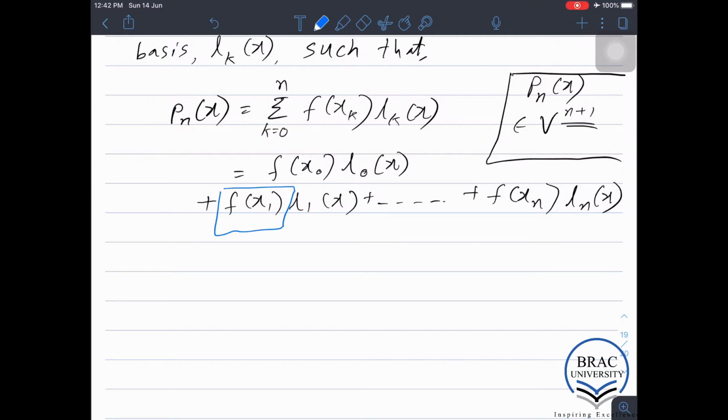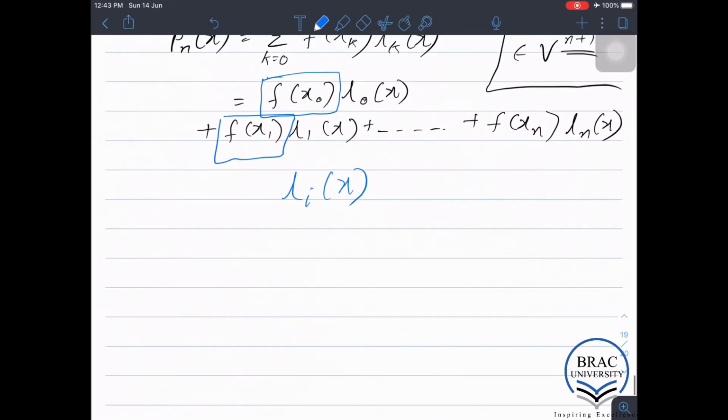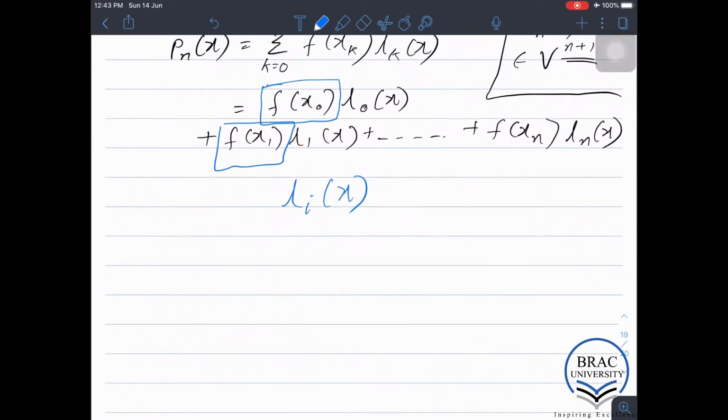So we have already found the coefficients, and now all we have to calculate is the Li of x's. If I can calculate that, I'm done. I've found the polynomial and everything is perfect. Now let's try to find out the Li's.